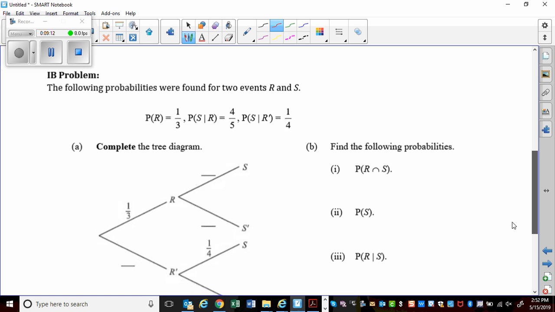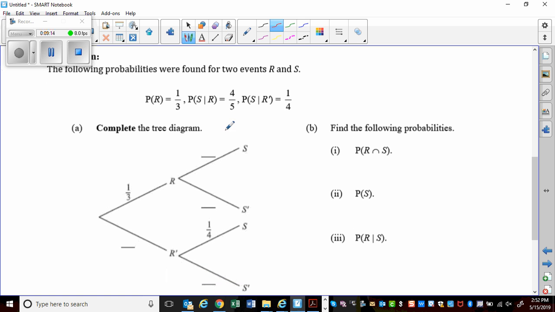Alrighty, let's do this tree diagram. It says the following probabilities were found for 2 events R and S. The probability of R is 1/3, so the probability of not R is 2/3.